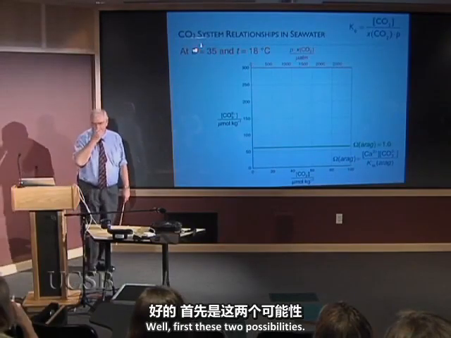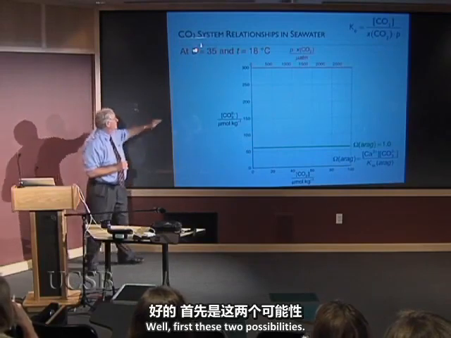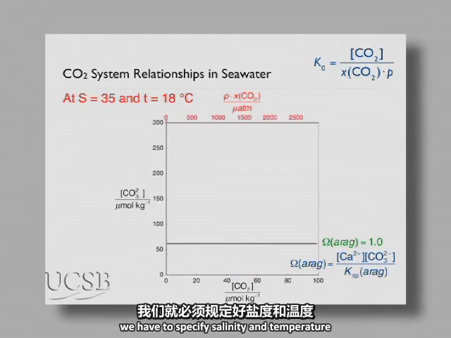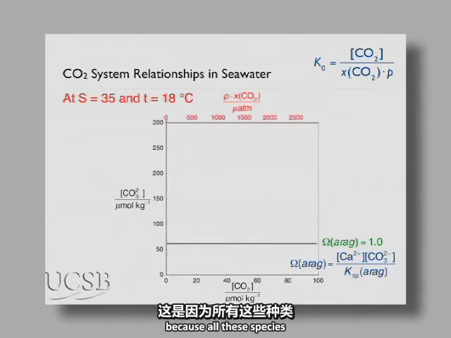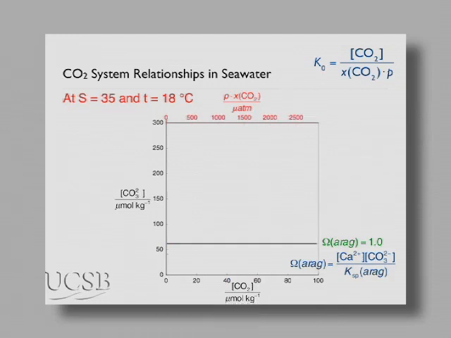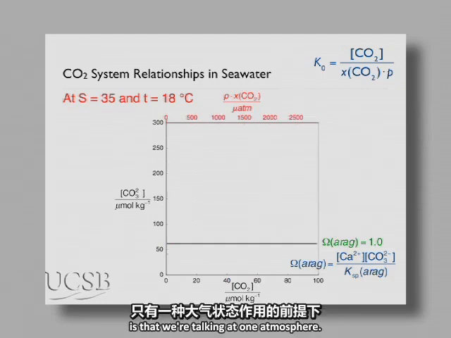Well, first, these 2 possibilities. First, the red. If we're going to put any actual values on this plot, we have to specify a salinity and temperature, because all these species are functions of salinity and temperature. Implicit in all the discussion I'm doing now is that we're talking at 1 atmosphere.